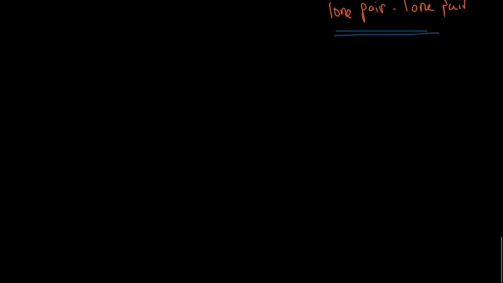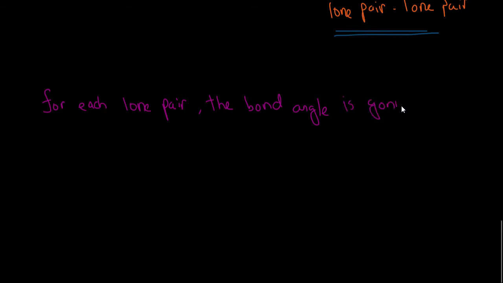Another thing you need to memorize is that whenever you have a lone pair, for each lone pair, I'm going to do an example and then it's going to be pretty clear. At this moment, just remember this: for each lone pair, the bond angle is going to decrease by 2.5 degrees.